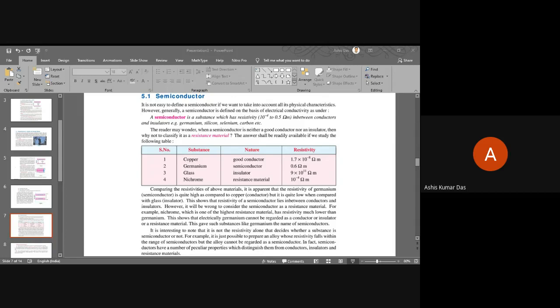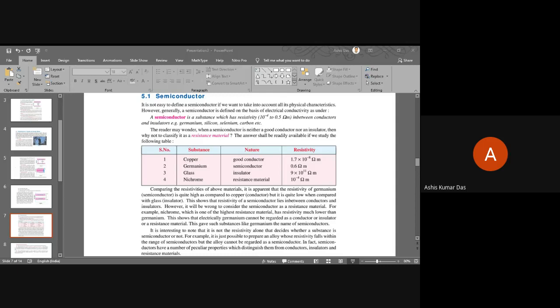In glass, which is an insulator, the resistivity value is 9 times 10 to the power 11 ohm meter. But what is nichrome? Most of you are staying in a hostel, and sometimes you use a heater there. In the heater you have seen a coil, and that coil is called the nichrome coil.